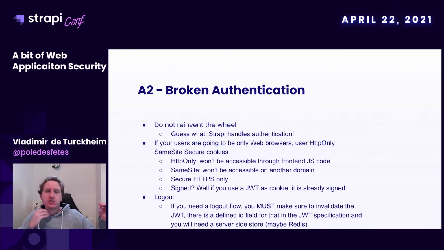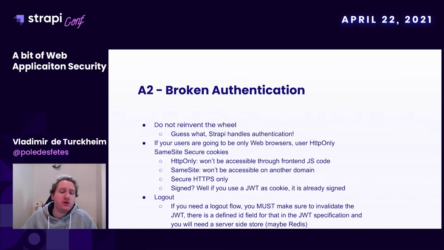Same site, make sure that your cookie is not accessible from another domain so nobody can steal it by doing some shenanigans around that. Secure, make sure that your cookie is only transferred over HTTPS. You don't want your cookies to be allowed over HTTP. Signed? Well, you can sign your cookie to make sure that they have been issued by yourself.